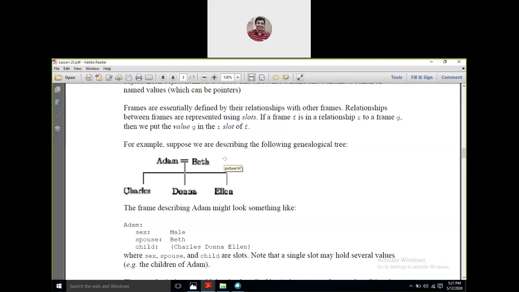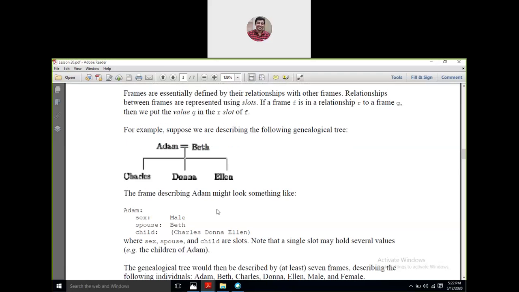For example, suppose we are having a genealogical description or a genealogical tree of an individual. What is this man? This man is Adam, right? This man is Adam, and this Adam is having a wife, Beth, right? And they are having 3 children, Charles, Donna, and Ellen.